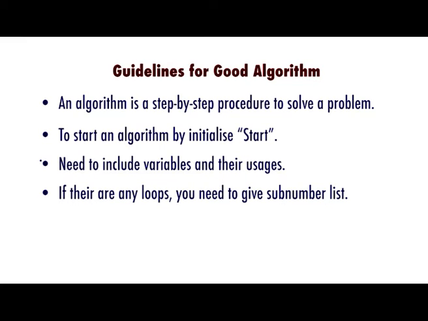Then you need to include variables and their usages. Then if there are any loops, you need to give sub number list. You need to go back to a step number if it is a loop or condition, and if the condition fails, it should go to a specific step number.